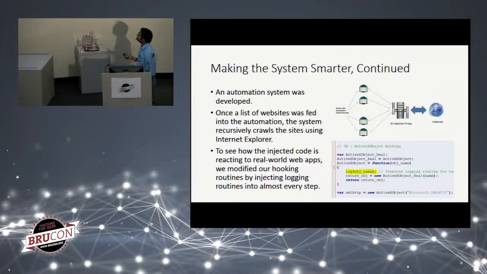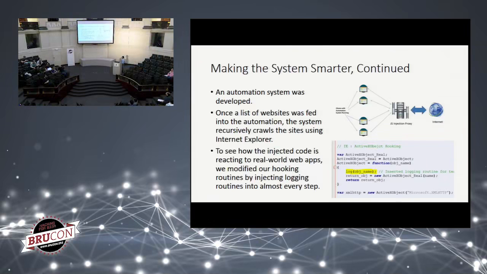Whenever we loaded any page from the normal internet, it injected code into it. In the hooking code we inserted a lot of logging functions, so that we can closely monitor how each line gets executed in a page. And if there is any false positive, we can later verify why it appeared and what went wrong. So these are the logging routines that we injected in the page.